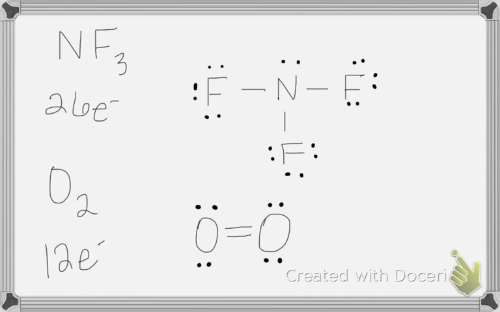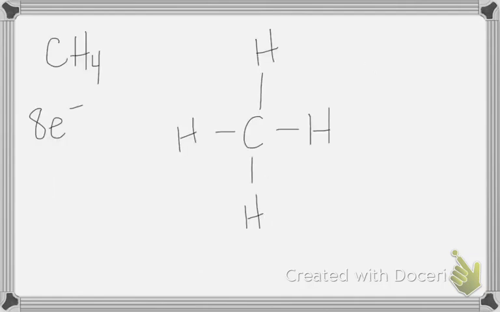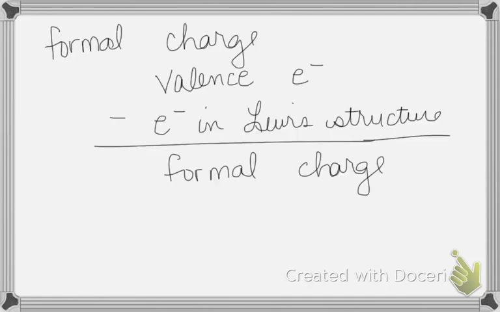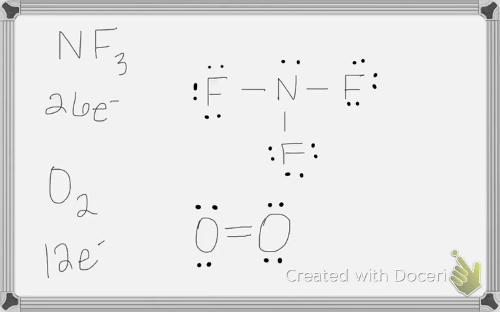Now, since I'm talking about oxygen, let's calculate the formal charge for each of these oxygens. And I can go ahead and tell you it's going to be the same because they both look exactly the same, don't they? How do I calculate formal charge? Take the valence electrons. The periodic table says that oxygen should have 6.